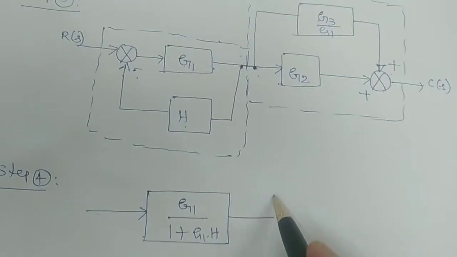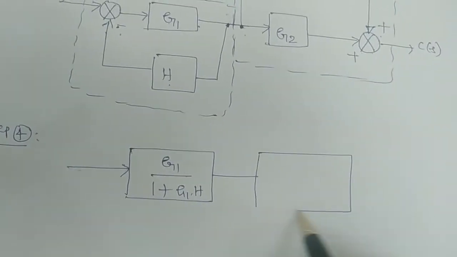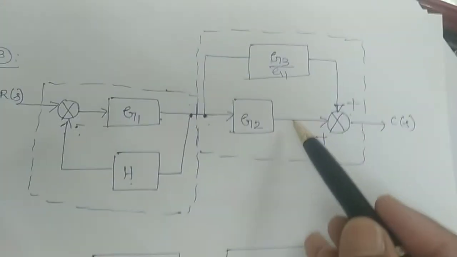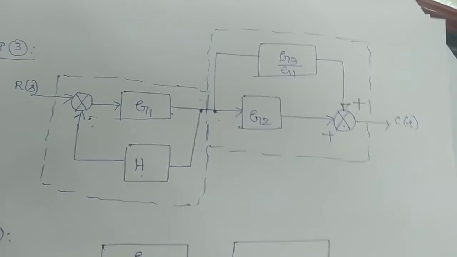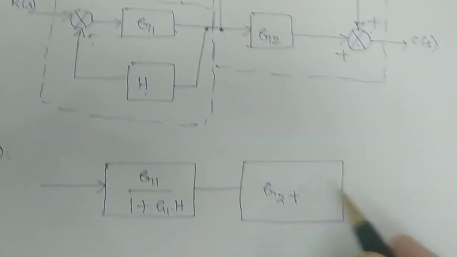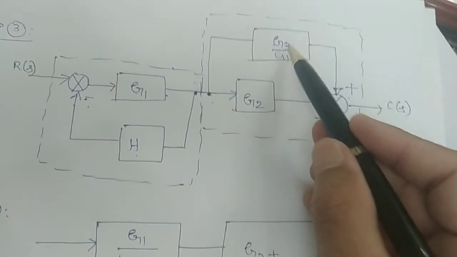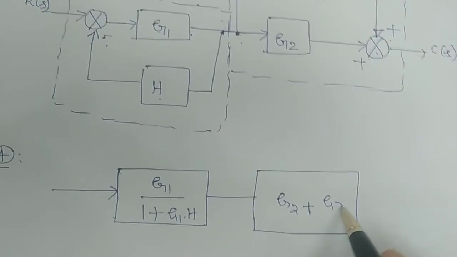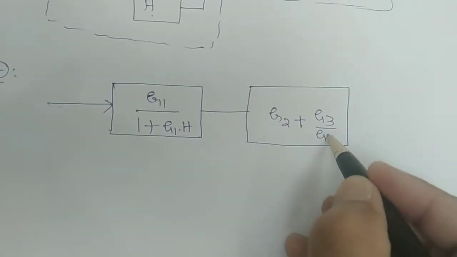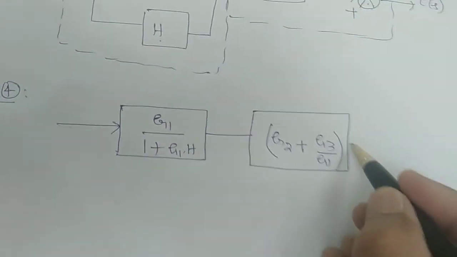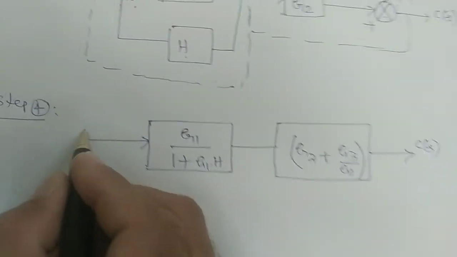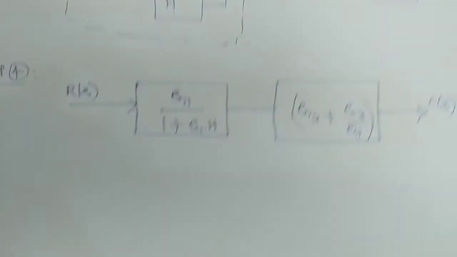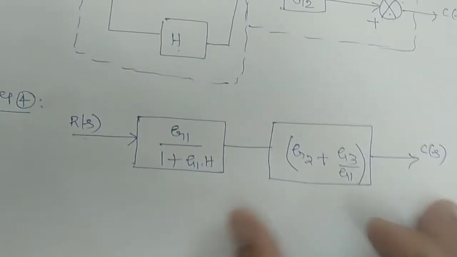And similarly, the second one is G2 plus G3 by G1. This is what your second block. Simplify. This is C of S. This is your R of S. Okay, these are the simplified blocks.